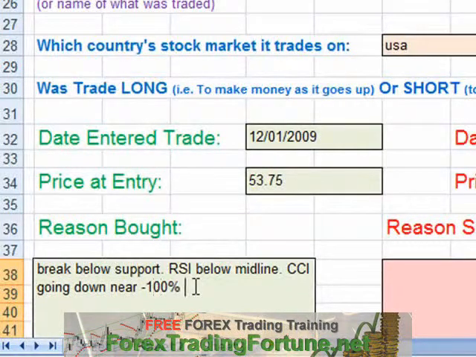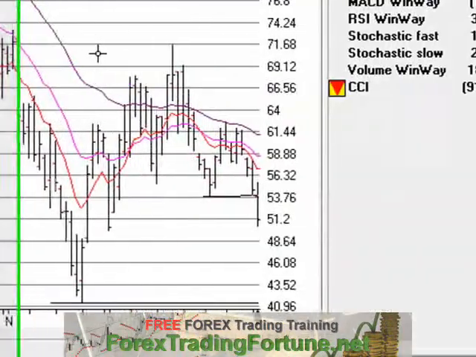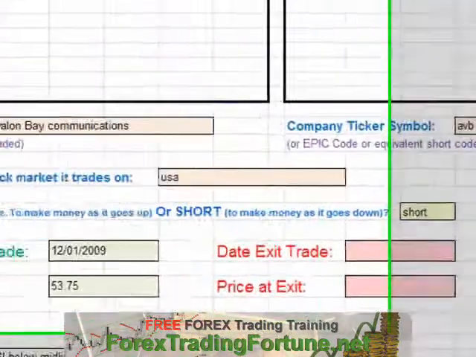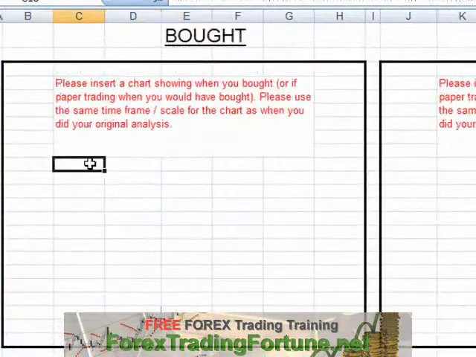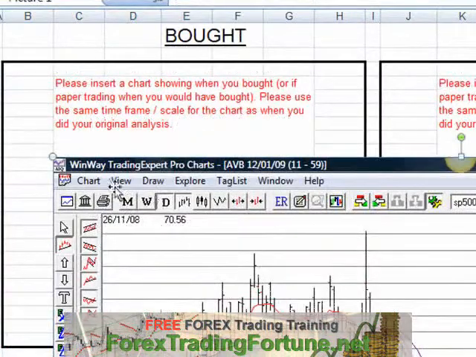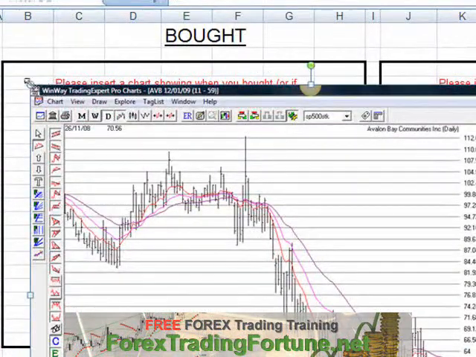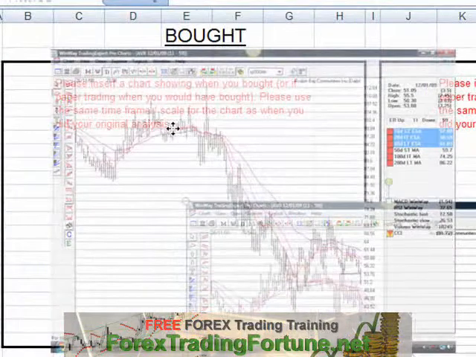So a break below support, RSI below midline, which is a sign of weakness, CCI going down near the minus 100 line, which is very weak, which is good. That's what we wanted. Okay, that's reason enough, I think, to get into the trade.